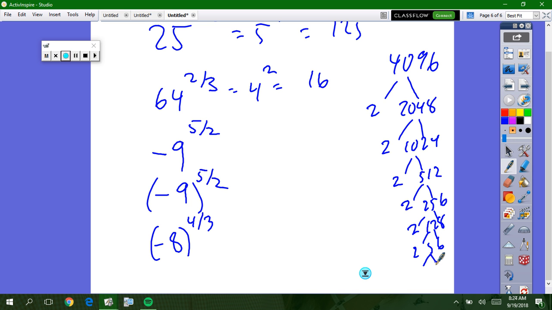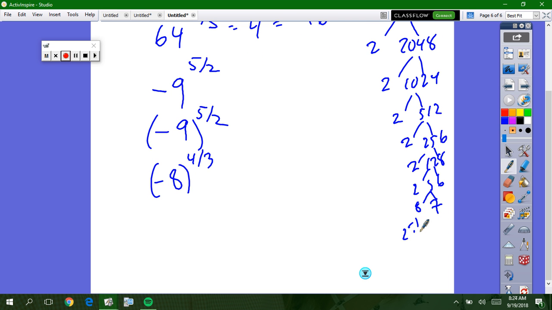Then I might get here and say, oh, that's 8 times 7, just to make it a little quicker, which is 2 times 4, which is 2 times 2, right? So this was a cube root, correct? So what are we looking for? Groups of 3. 1, 2, 3. 1, 2, 3. 1, 2, 3.